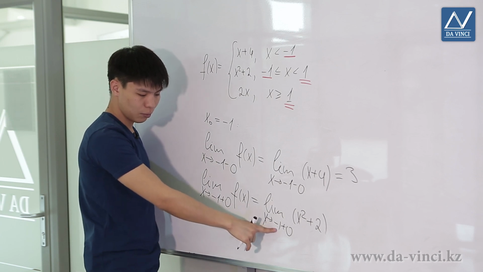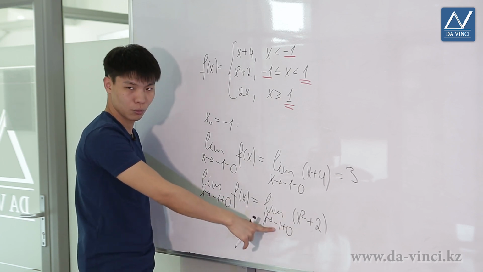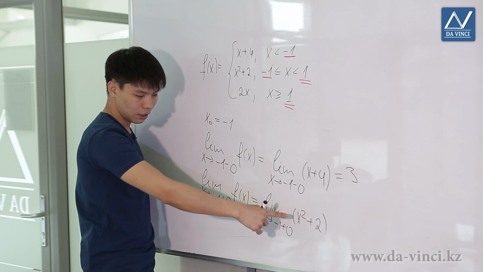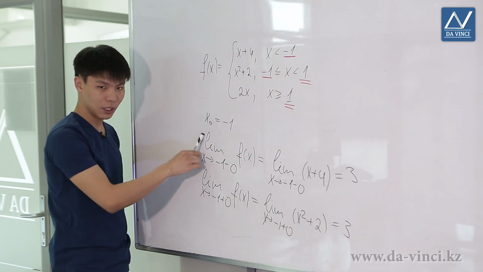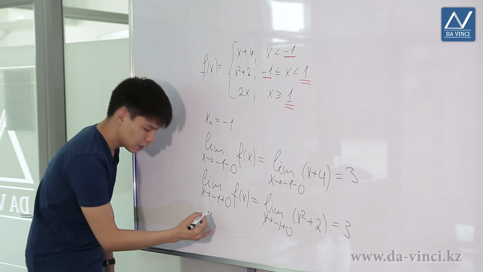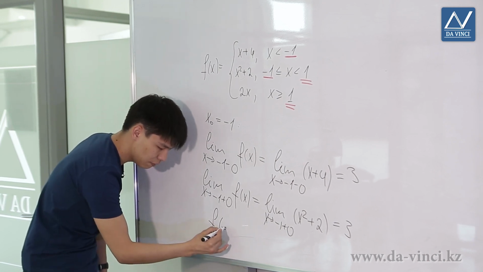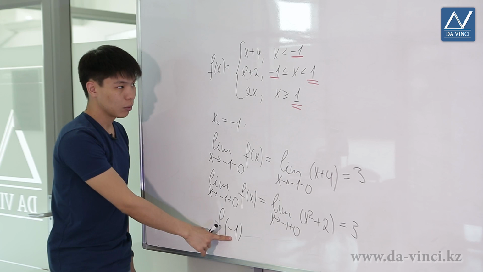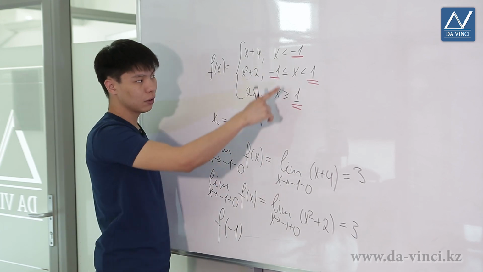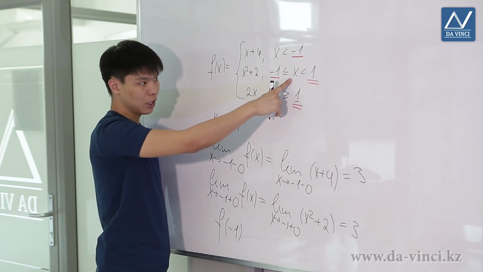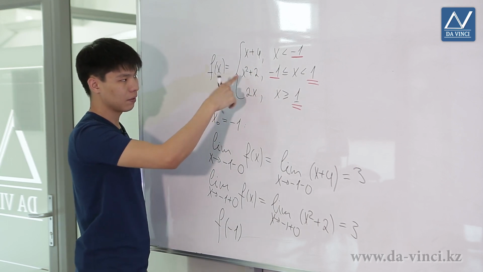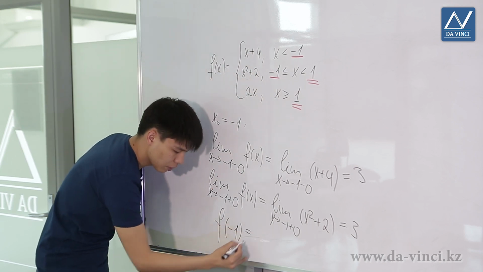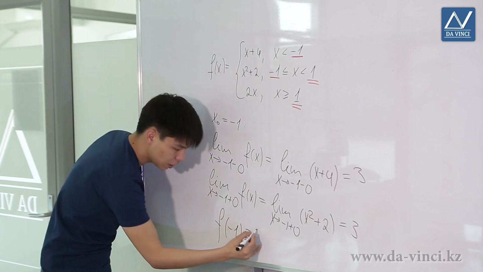It's also very easy. -1 plus 0 squared is like -1 squared. That's 1 plus 2, that's 3. So we have calculated the left limit and the right limit. It remains to calculate the value of the function at this point, that is, f of -1. Looking here, which of the intervals includes -1? This interval. So -1 is substituted into this function. Putting -1 into x squared plus 2, -1 squared plus 2, that's 3.